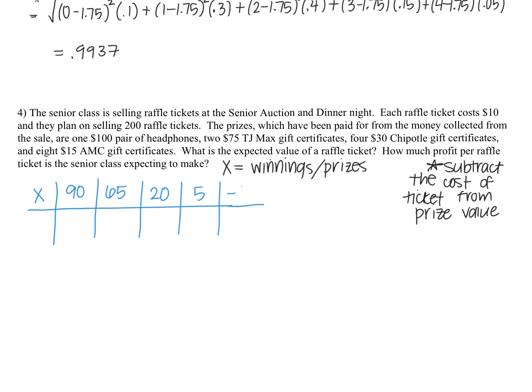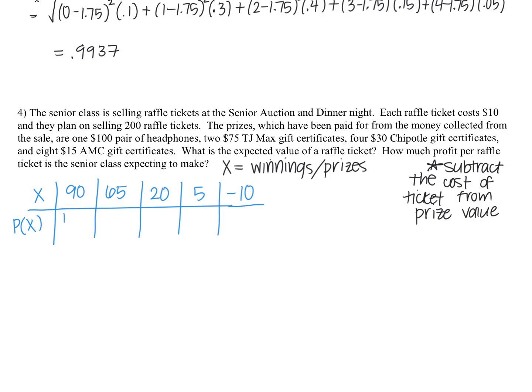remember is I am not guaranteed to win a prize. They're selling 200 raffle tickets. There are not 200 prizes, so you could end up with just losing your $10. And then the probability is how many of those tickets would be winning.